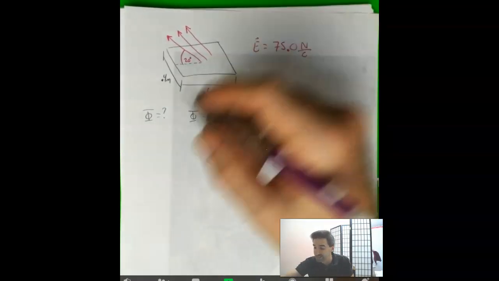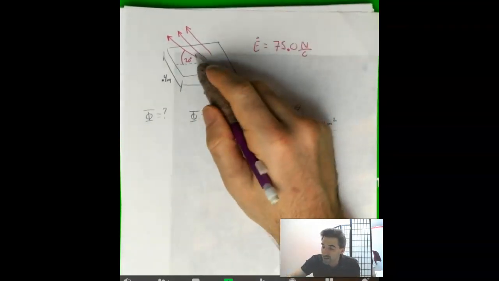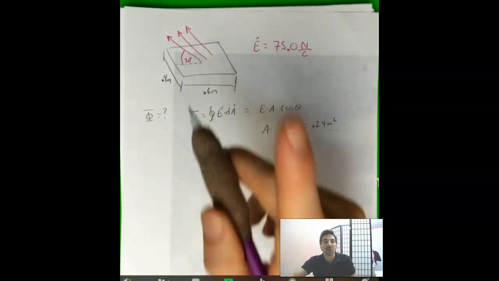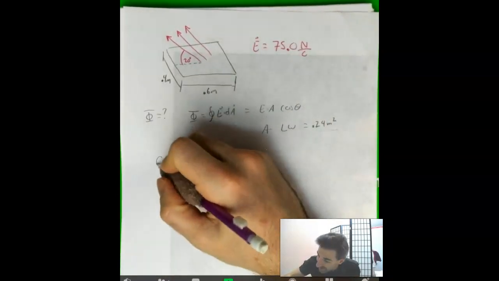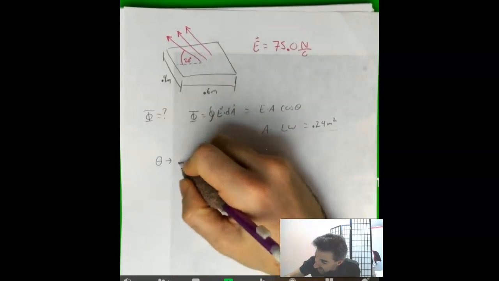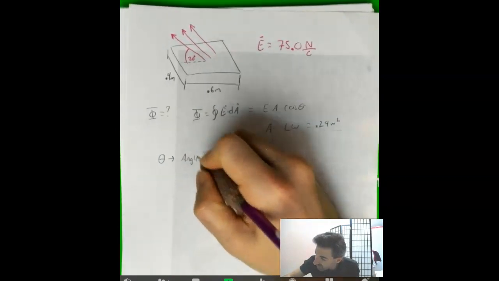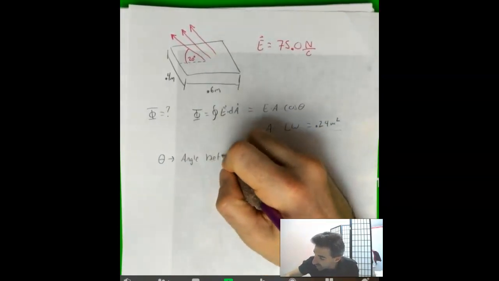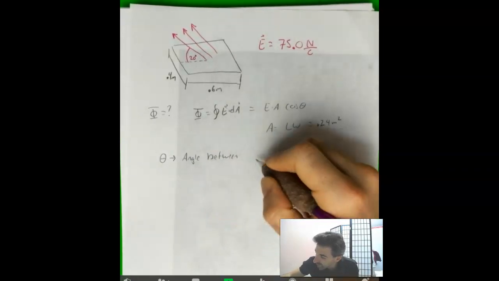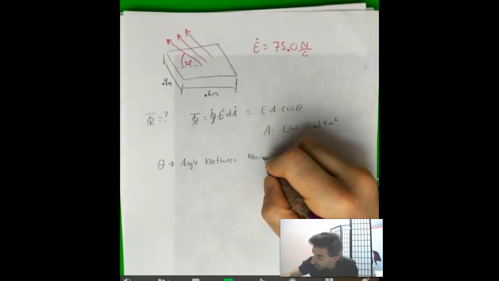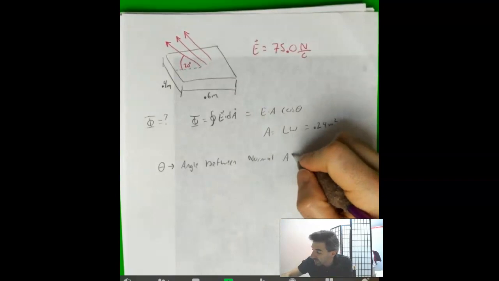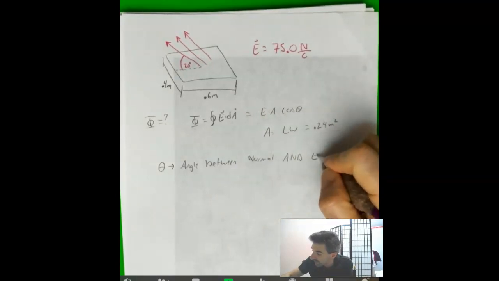So in essence, we're not looking for this 20 degrees. We're looking for theta as the angle between the normal and my electric field.